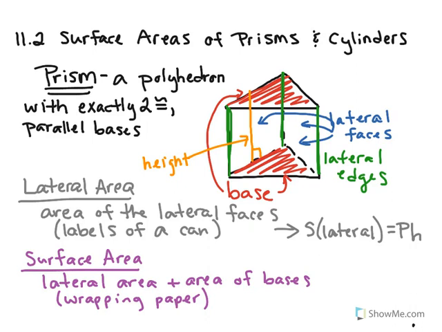I mean, that seems like it would be hard to do. This capital P is the perimeter of the base and the height. So the capital P is the perimeter of just one of the bases, not two of them, and then H is for the height of the figure. And remember that the height has to be a perpendicular height.